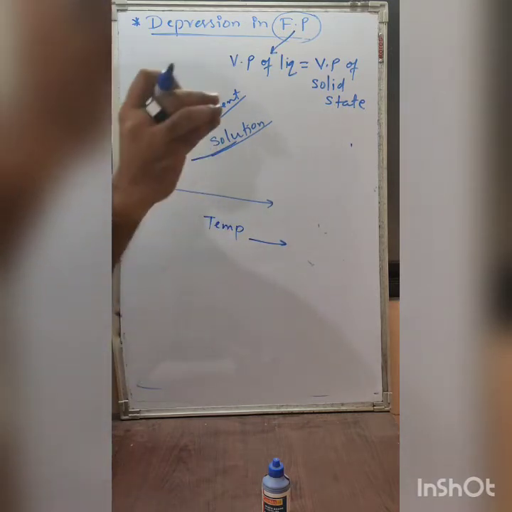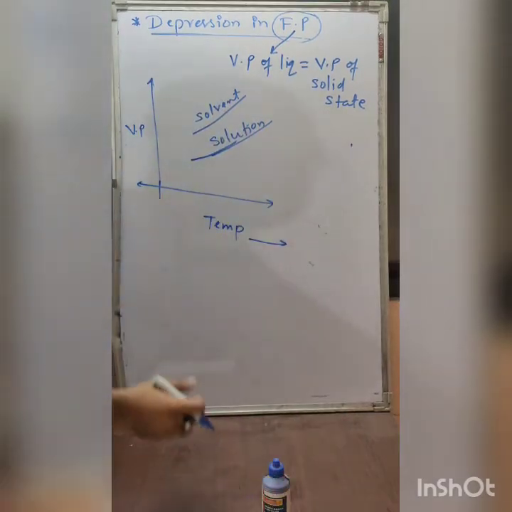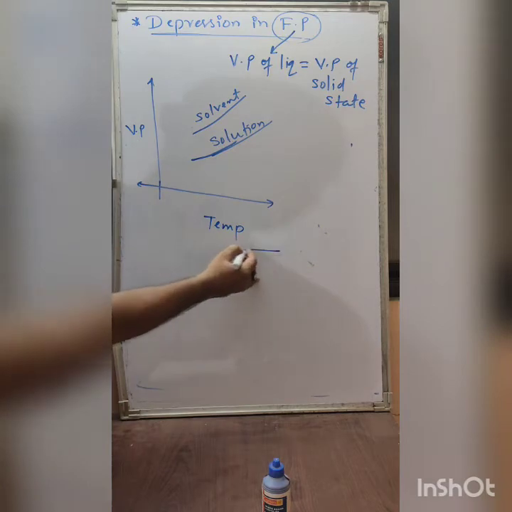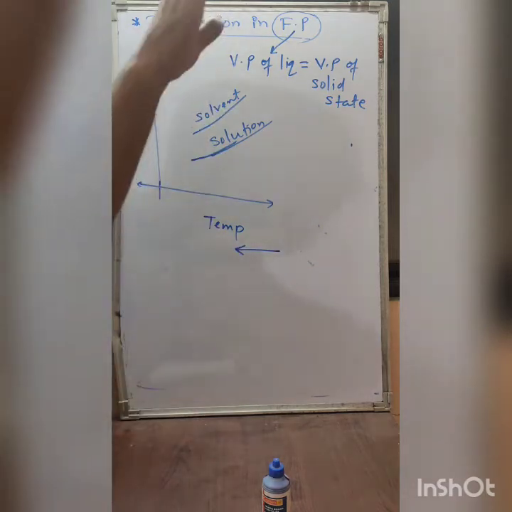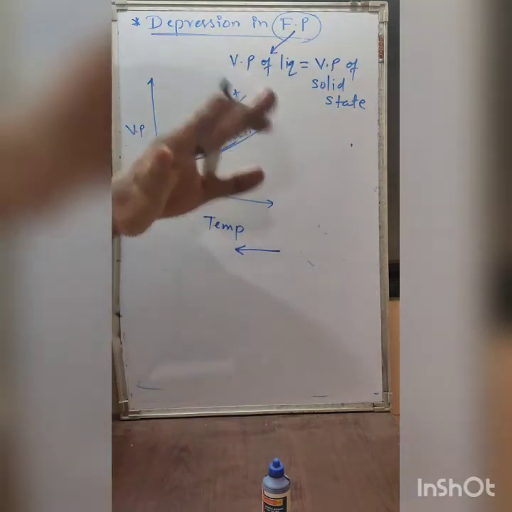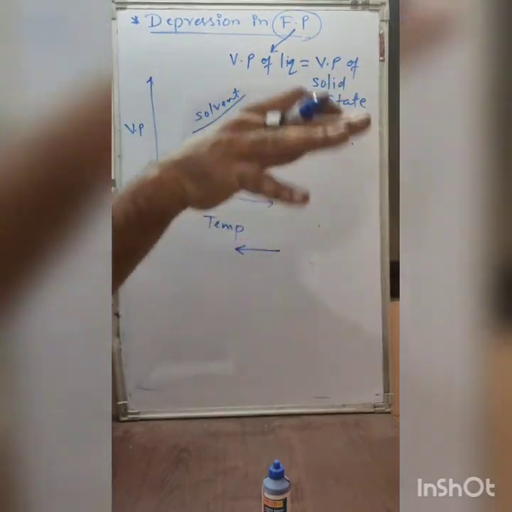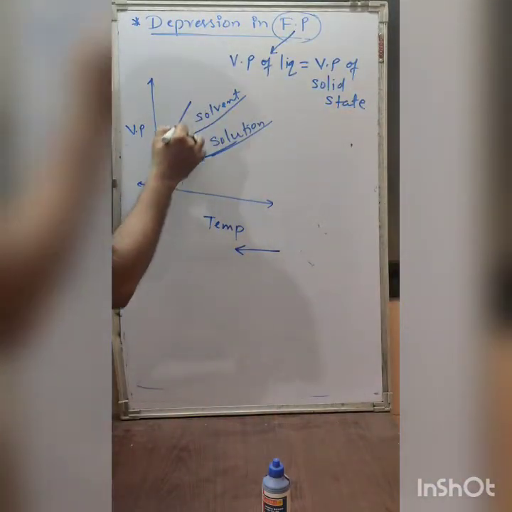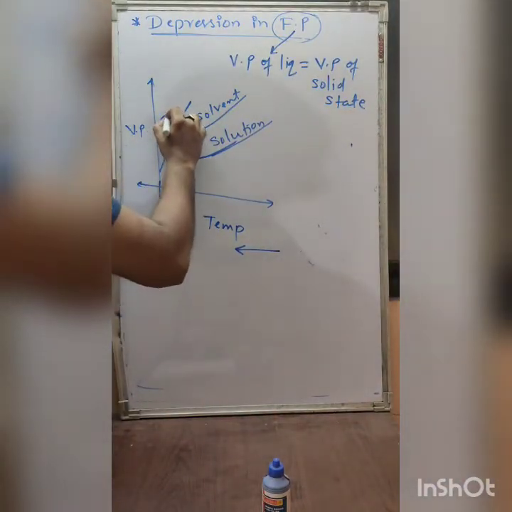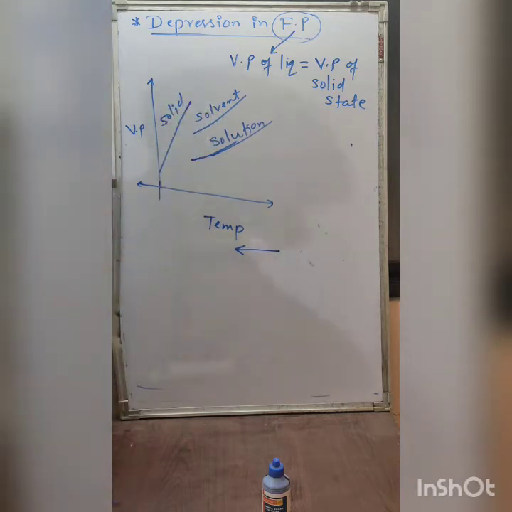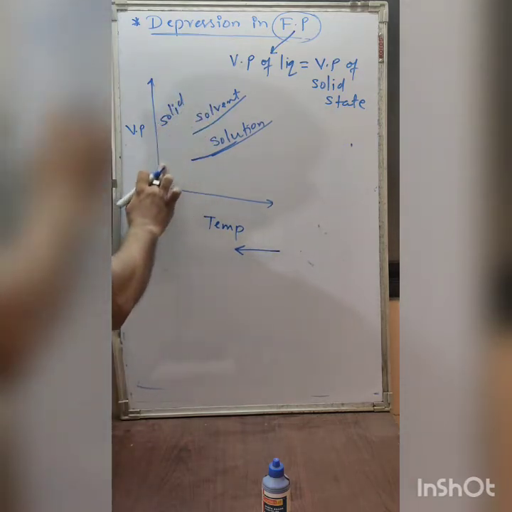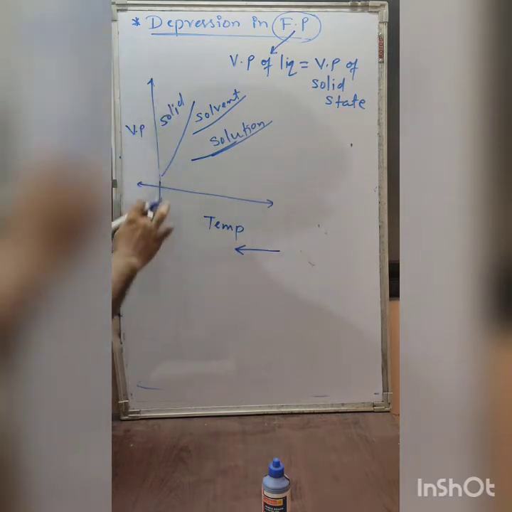In order to freeze the liquid, we decrease the temperature. When we decrease the temperature, the vapor pressure of the liquid decreases. Suppose this line is for the solid state.